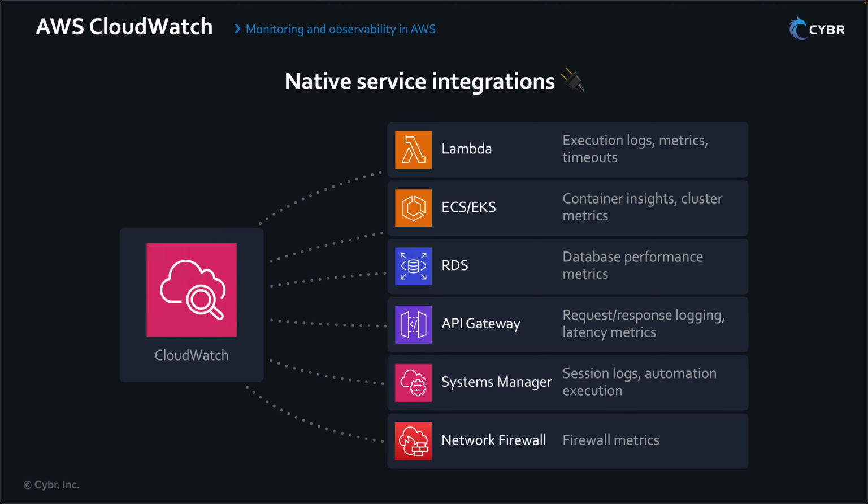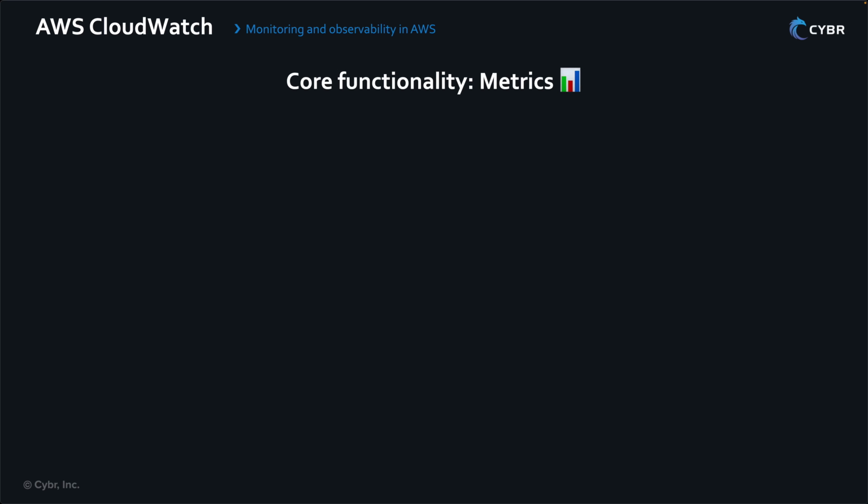And then from there, you can dive into your insights, you can export the data to S3 buckets, you can feed it to your SIEM, and so on and so forth. You can do a lot of further processing and analysis. So much so, in fact, that we really need to think about CloudWatch in terms of core functionality. So let's talk about its main features, and let's break it down into several key areas.